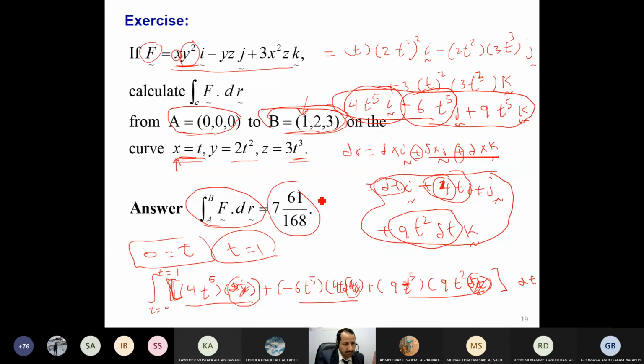Correct? I get 2.6. It's okay, it's almost the same, just approximation. Any more? You got the final answer?